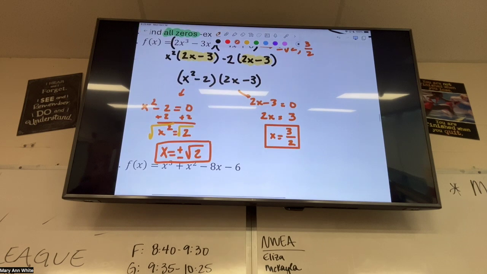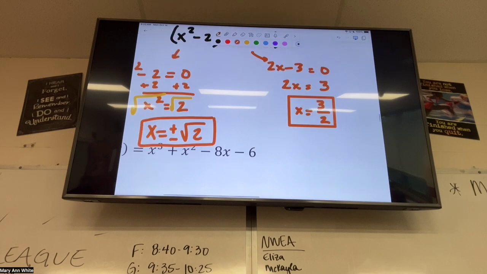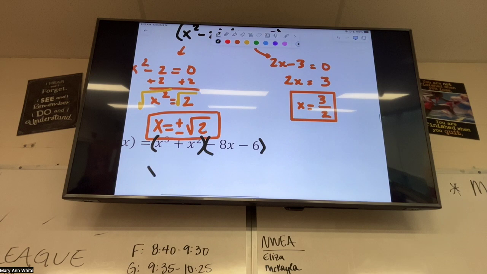I am going to look at it though, and my first step is always, can I factor it or quadratic formula? I could try to start factoring this, but we'll notice, and don't necessarily write this down because it's wrong, if I start to factor out my GCF, I end up getting to a point where I do not have the same thing inside my parentheses. So I have x plus 1 and 4x plus 3.